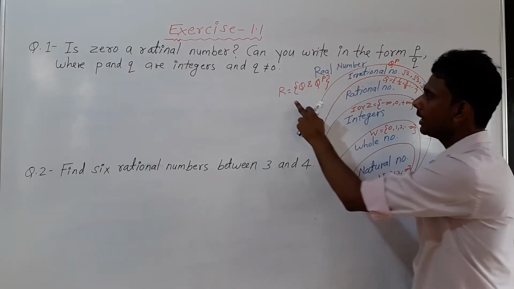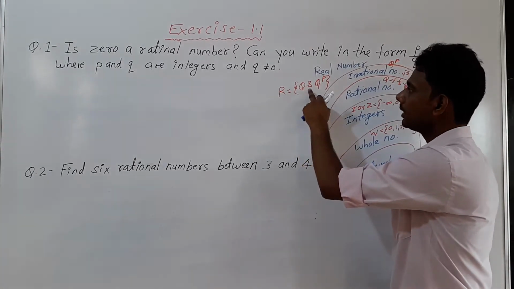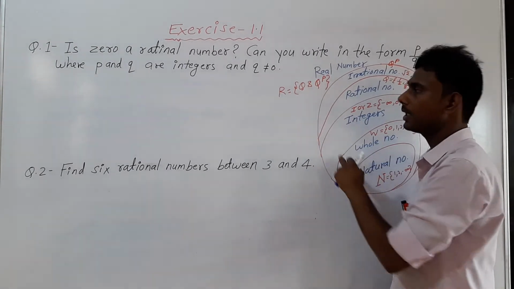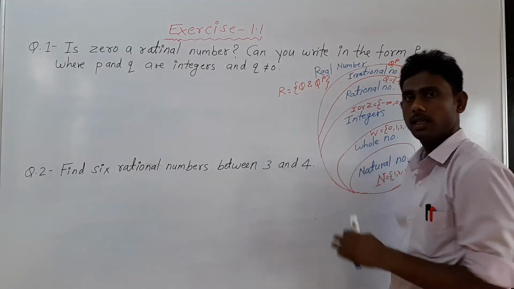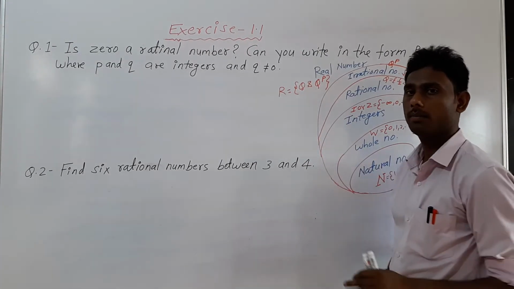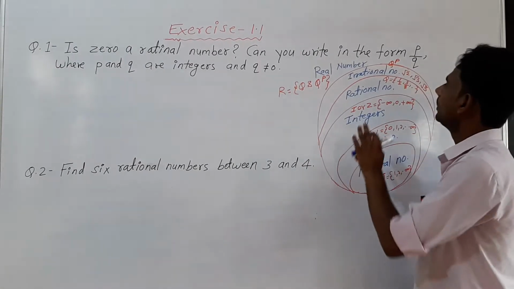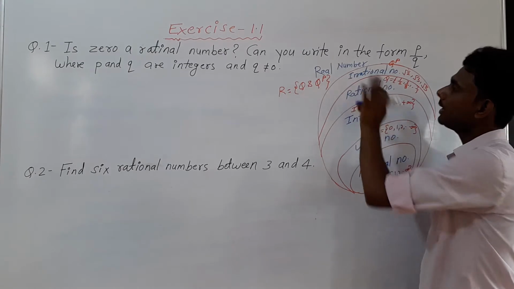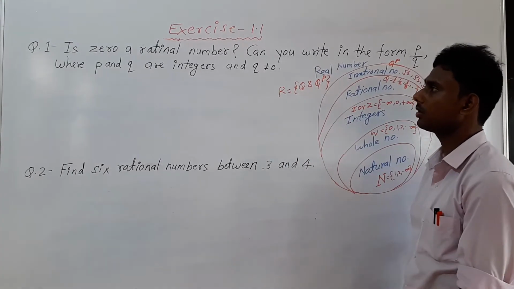You can see here, real number is represented by R, equal to the set of all rational numbers and the set of all irrational numbers put together. In class 9 we have to study rational numbers and irrational numbers. So now we can solve question number 1.